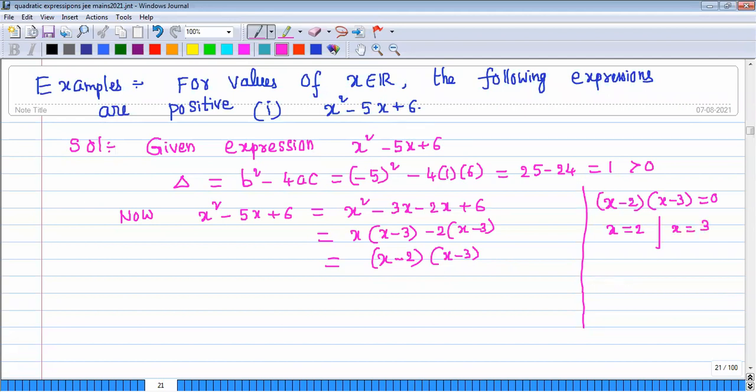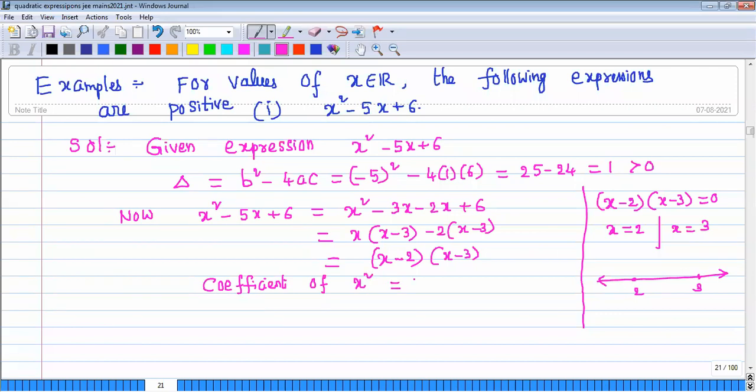You take a number line. On the number line, this is 2 and 3. We need to check where this is positive. Here, write down the coefficient of x square. What is the coefficient of x square?